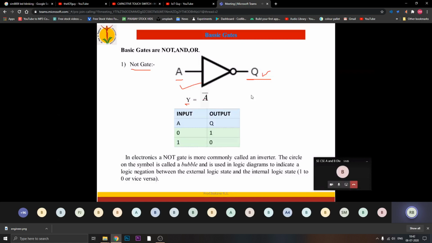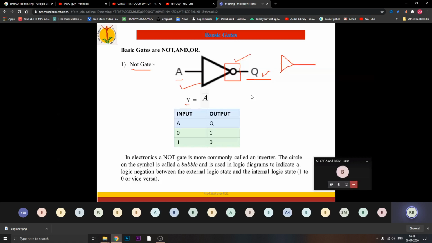Friends, most of the time students forget to draw this bubble, this circle. This circle indicates that this is the inverter, the NOT gate. If you draw only a horizontal triangle and say this is the NOT gate, I am sure in the exam it is completely wrong.